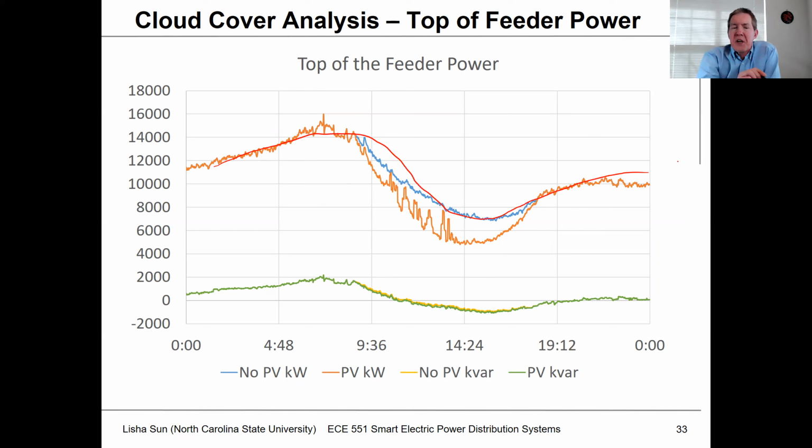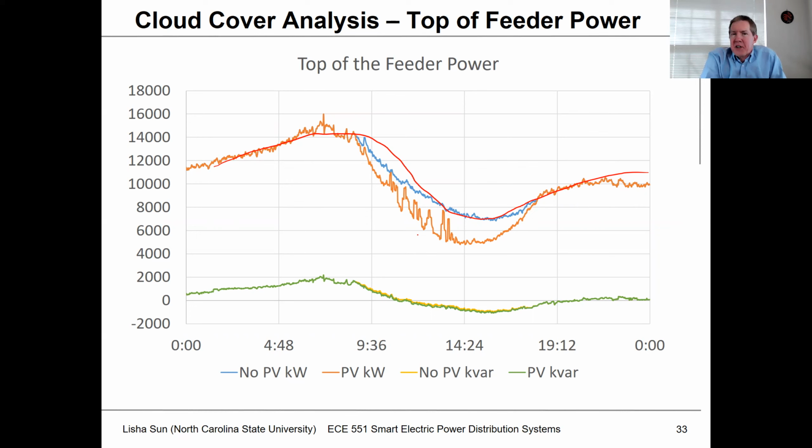This is P and Q at the top of the feeder. Now, PV is not going to impact Q any because that was set up as a constant power source. However, it is going to impact what we see in terms of real power flow. And basically, PV looks like negative load.